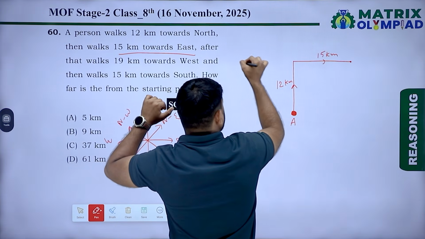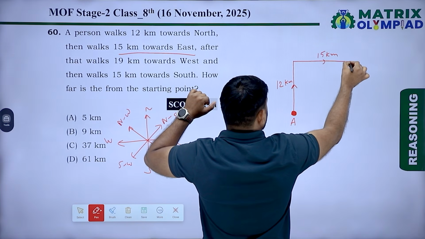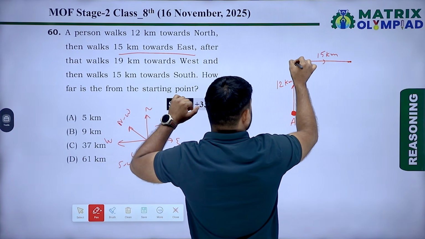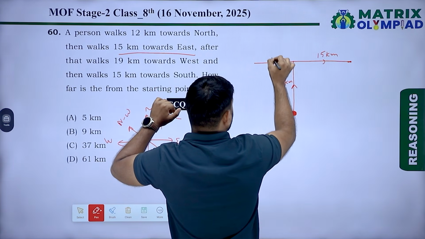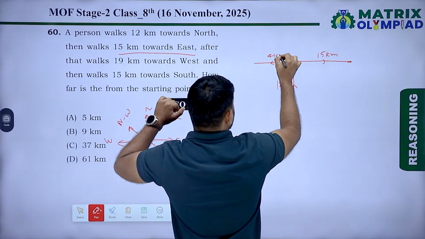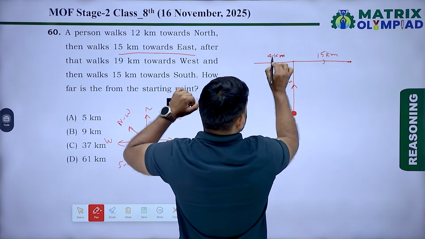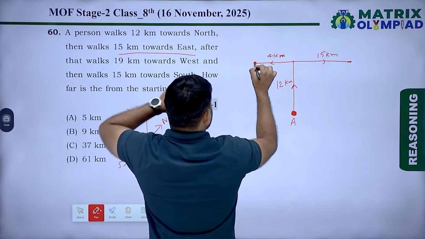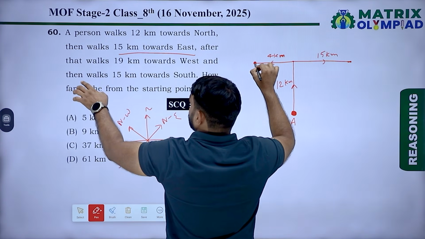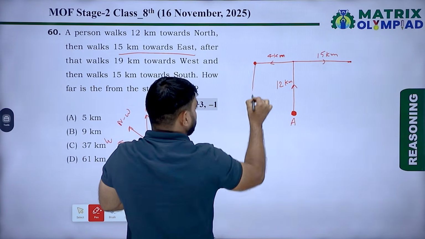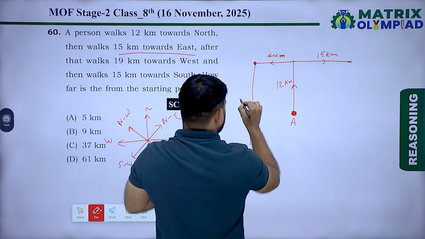So this is the west direction. After 15, he goes 4 more kilometers from this point, so the total is 19, 15 plus 4. Now he goes 15 kilometers towards south.